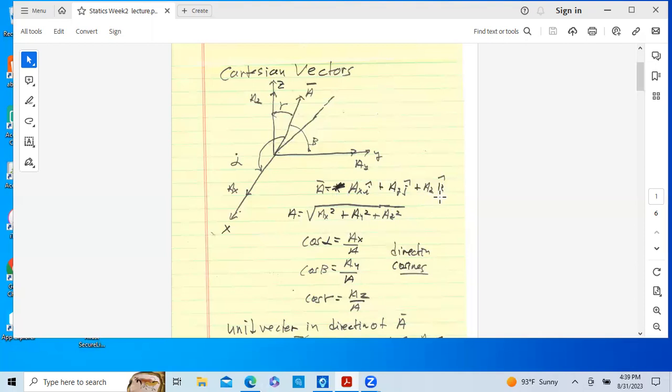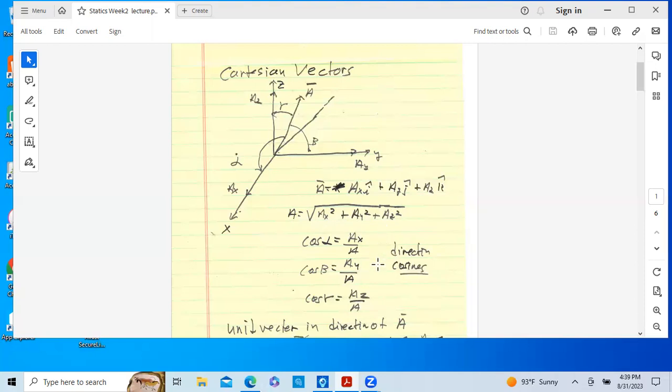And the scalar A is simply the square root of A sub x squared plus A sub y squared plus A sub z squared. Pretty easy calculation to get the magnitude.